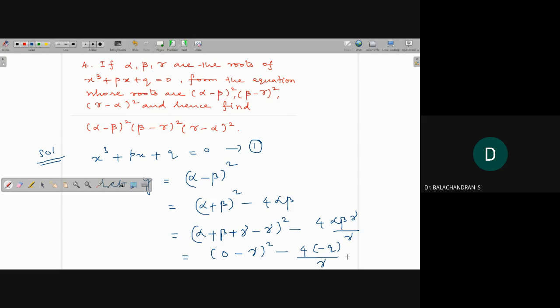If you want, you can write here S1 equal to 0, that's why here 0, and S3 is alpha beta gamma, which is minus q. So y equals minus of gamma whole square, which is gamma square plus 4q by gamma.